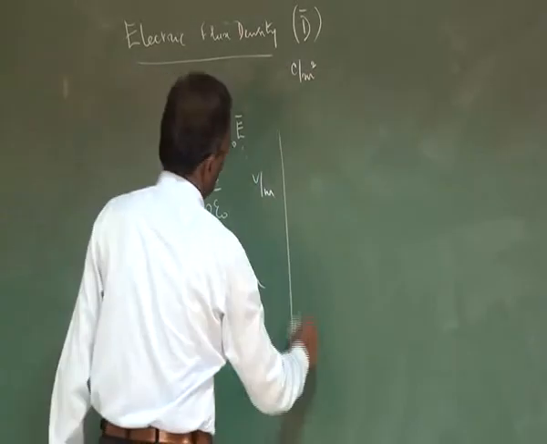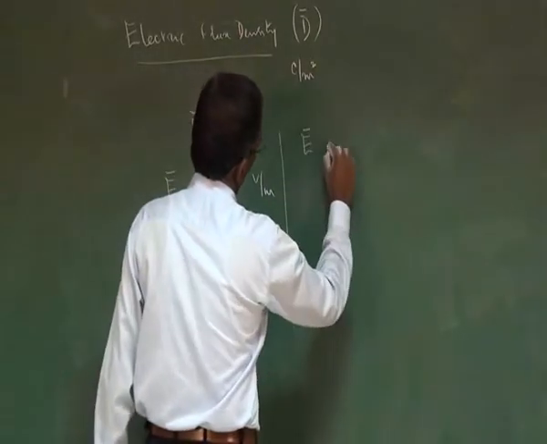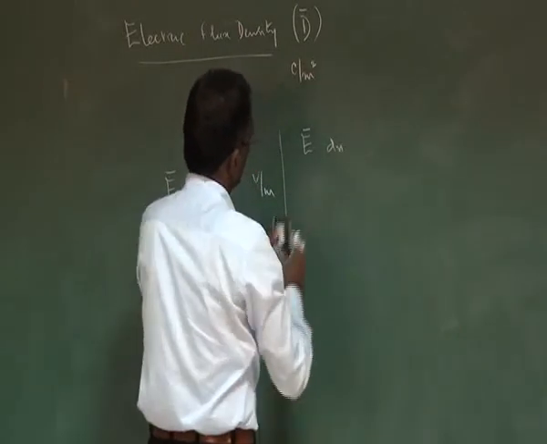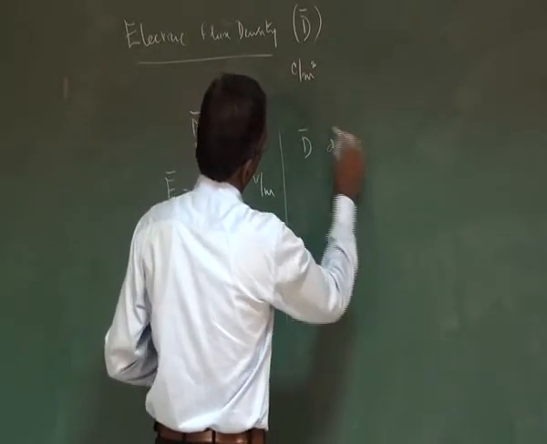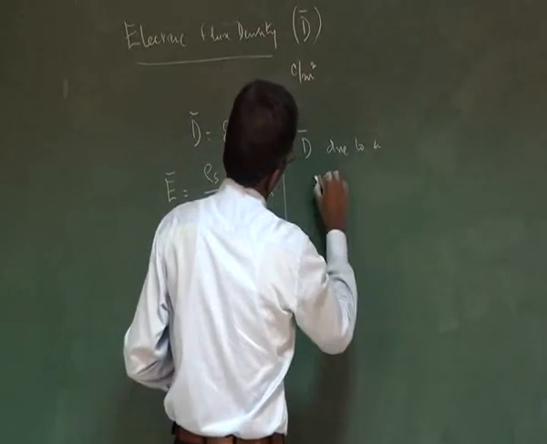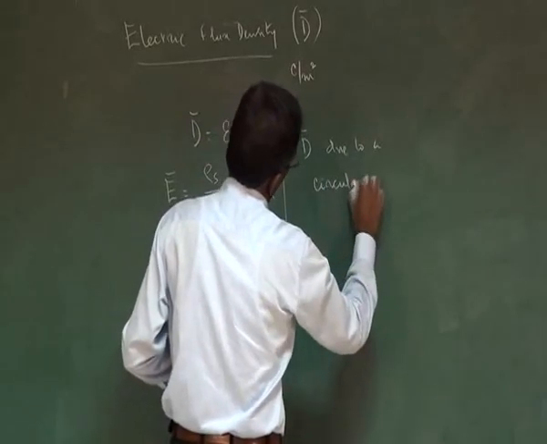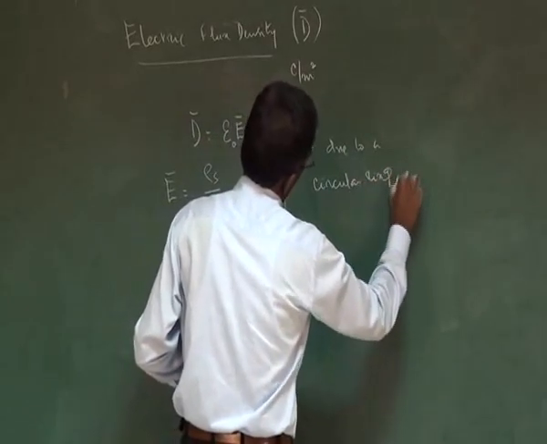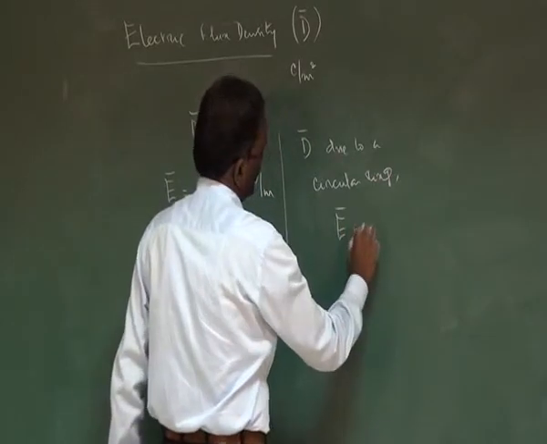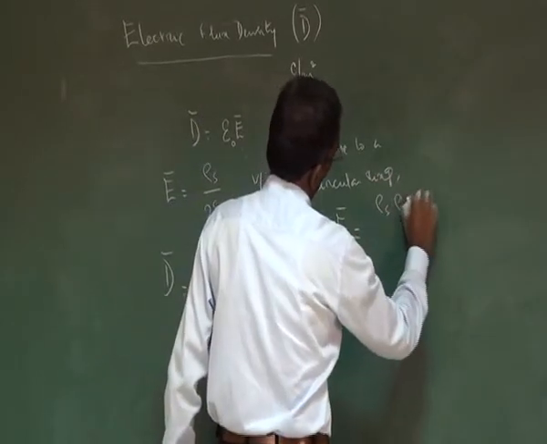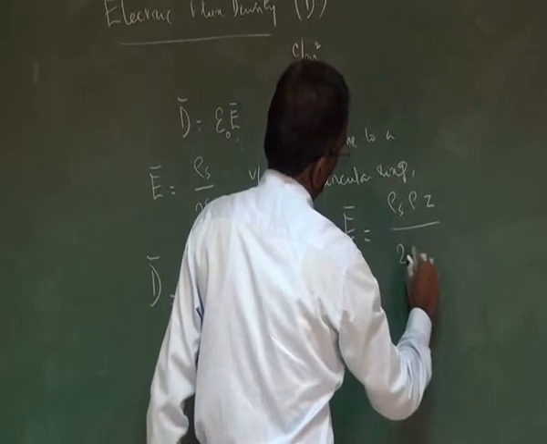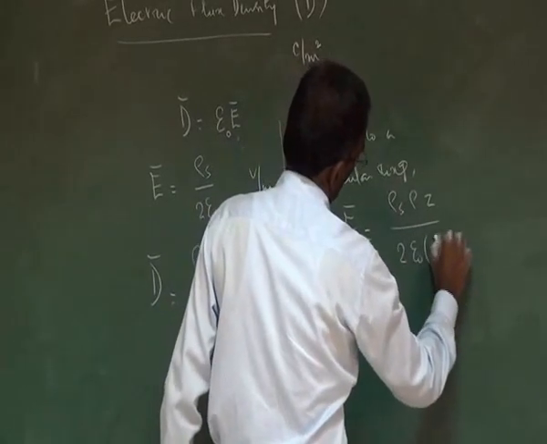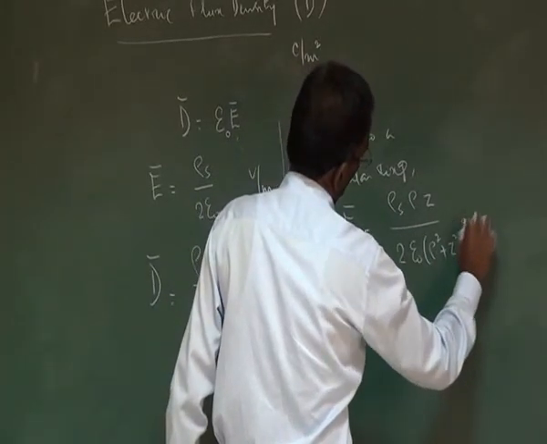This way I can calculate E bar due to a circular ring, and d bar due to a circular ring. Like E bar is equal to rho s rho z divided by 2 epsilon O times rho square plus z square power 3 by 2.